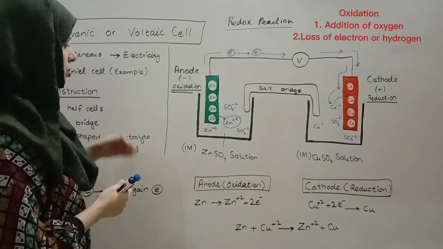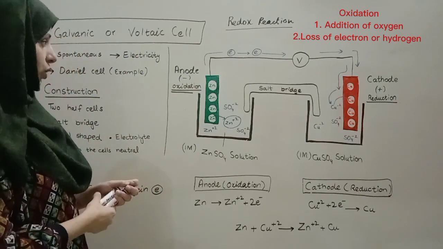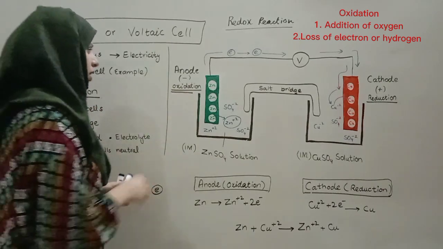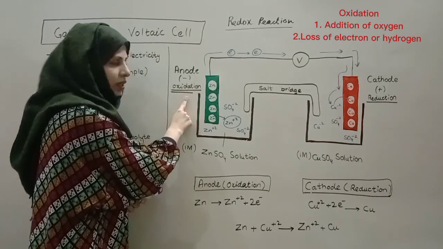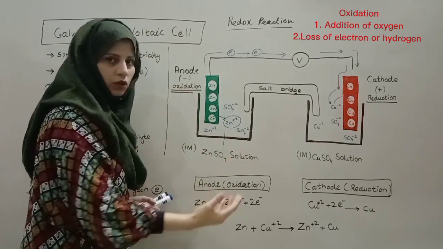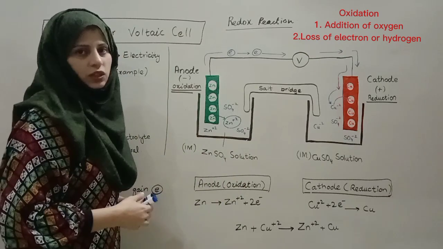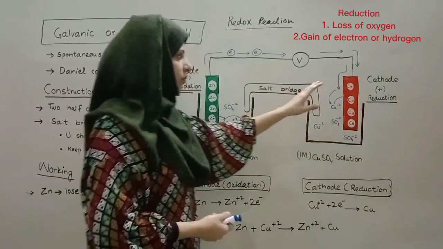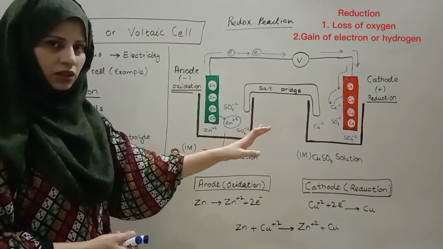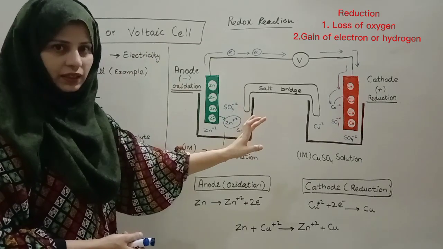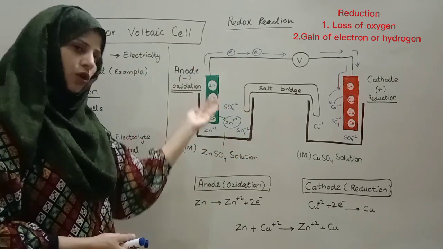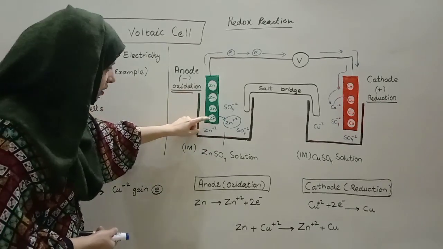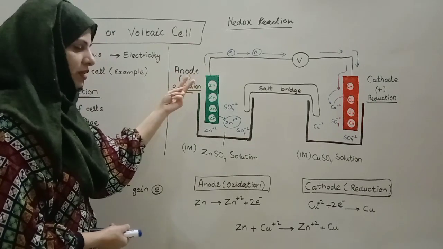Oxidation is the type of reaction in which there is addition of oxygen, removal of electrons and removal of hydrogen. But in reduction, there is gain of electrons, gain of hydrogen and loss of oxygen.